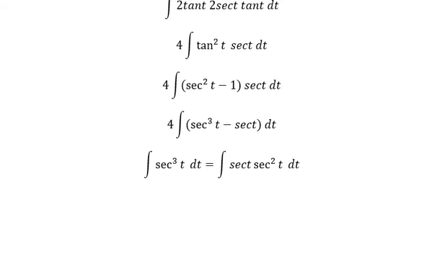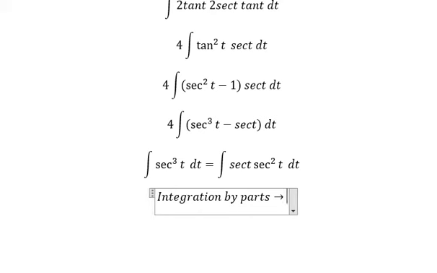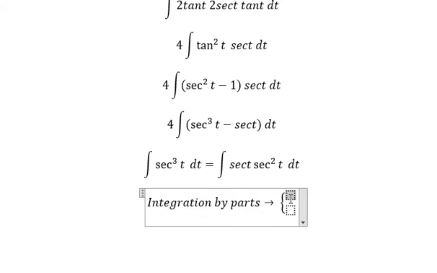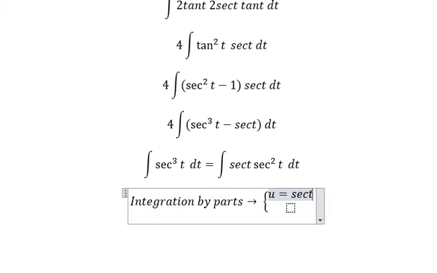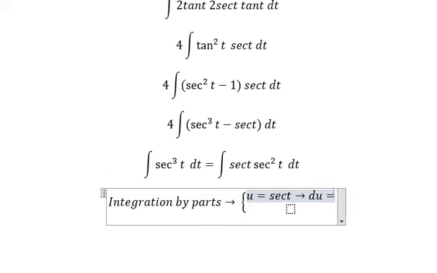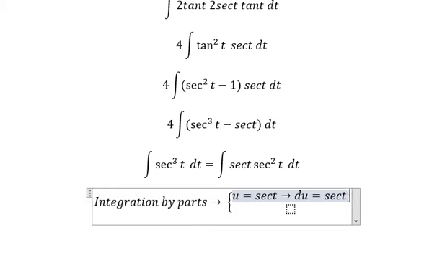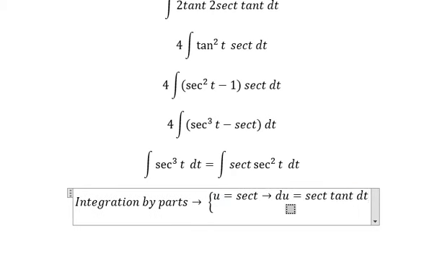So we can use integration by parts. So we got u equal to secant of t, du, you got secant of t tan t dt. dv, we got secant of t square dt. So we got v equal to tan t.